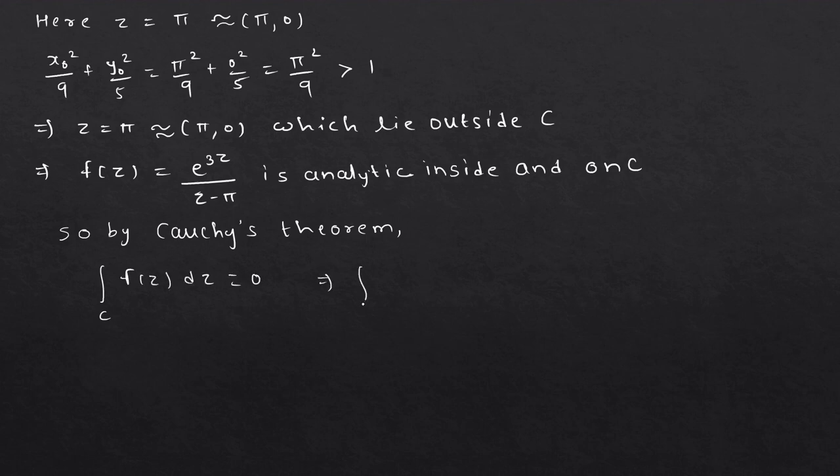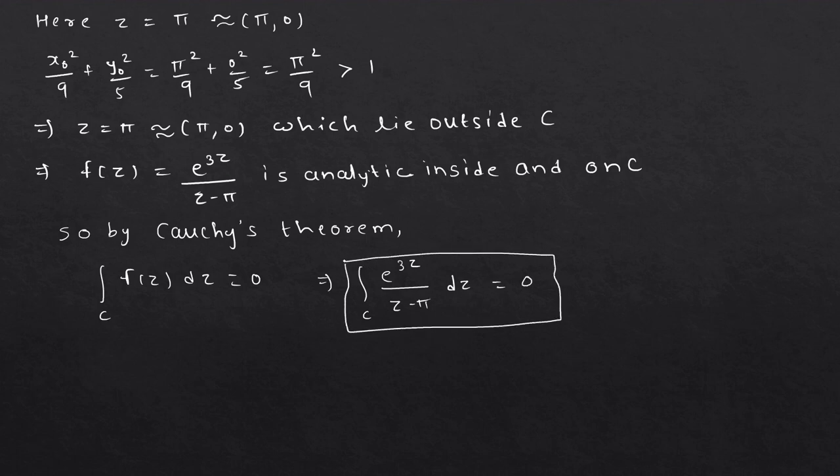So this implies the integration over C of e raised to 3z upon z minus pi dz is equal to 0. So this is the final answer. Okay. I hope you understood that. Thank you.